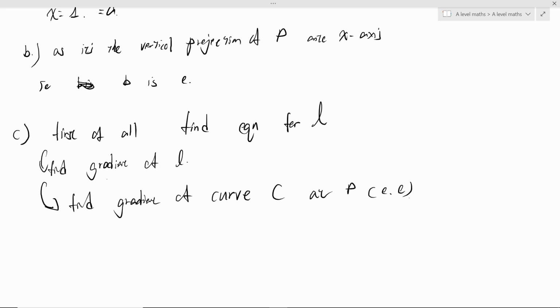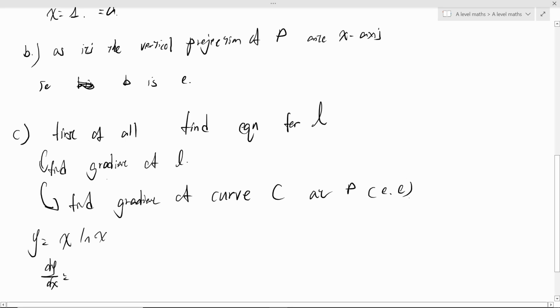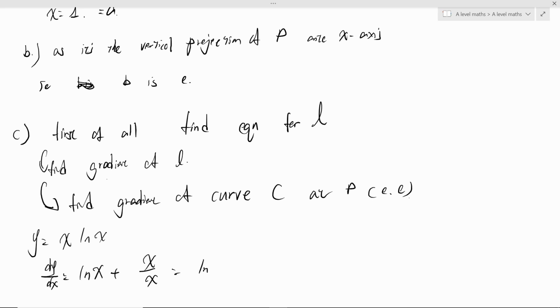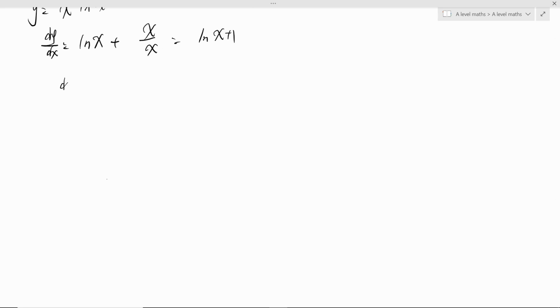Cool. So y = x ln x, and dy/dx will be, well, we shall use the product rule here because it's x times ln x. So ln x plus, because we differentiate x first, and then differentiate ln x, we have x over x, which is ln x + 1. And find dy/dx at x = e. It's basically ln e + 1, which is 2.